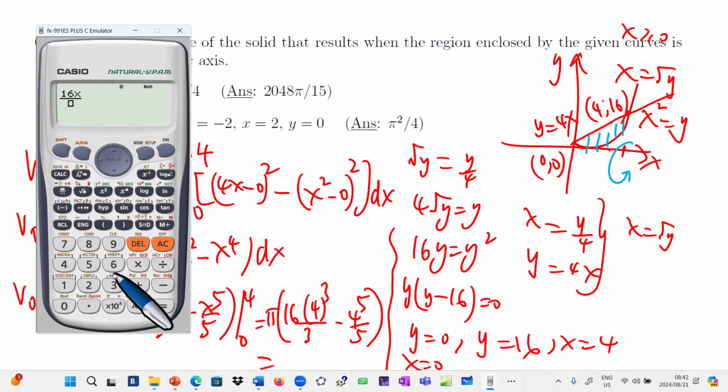You're 16 times 4 cubed divided by 3, minus 4 to the 5th power divided by 5.